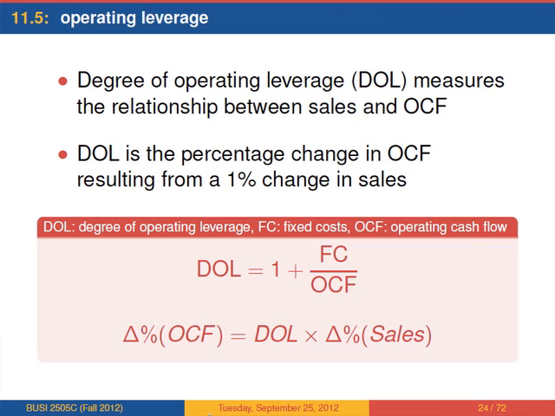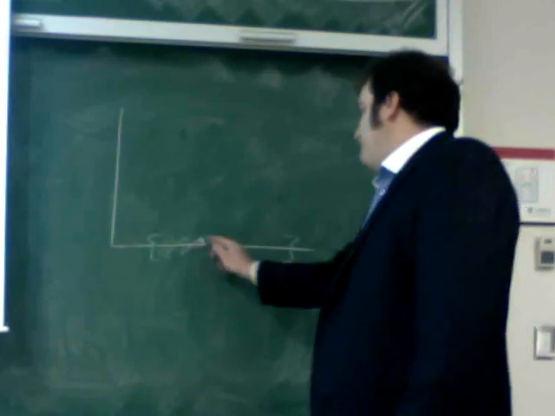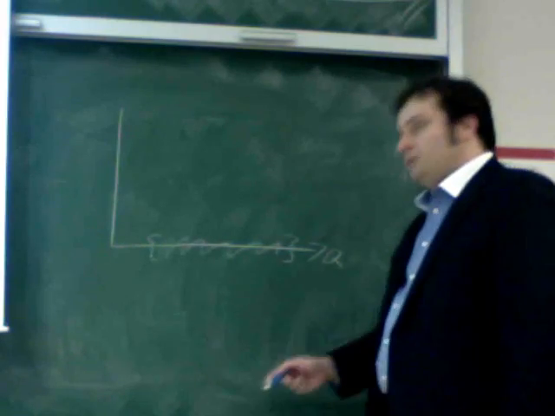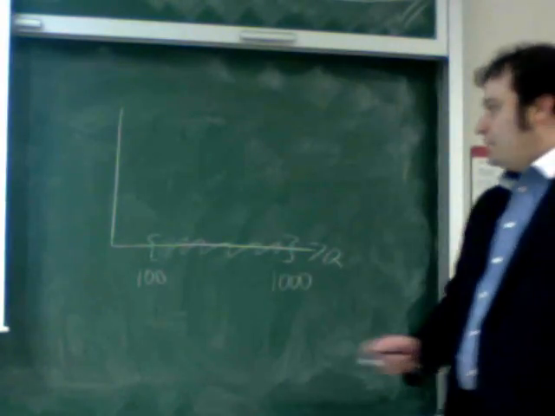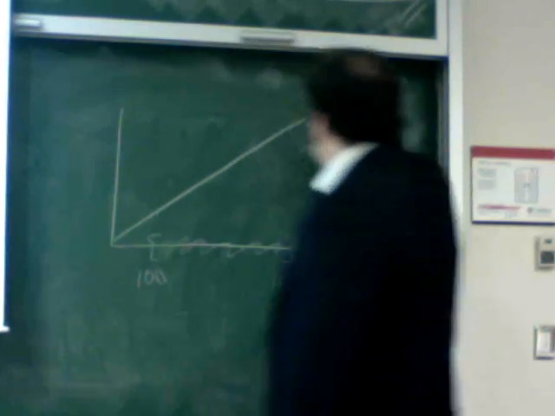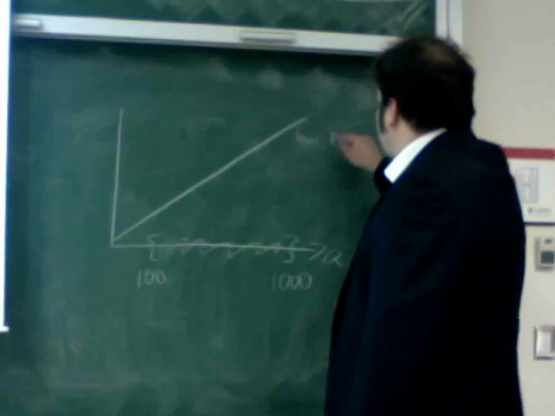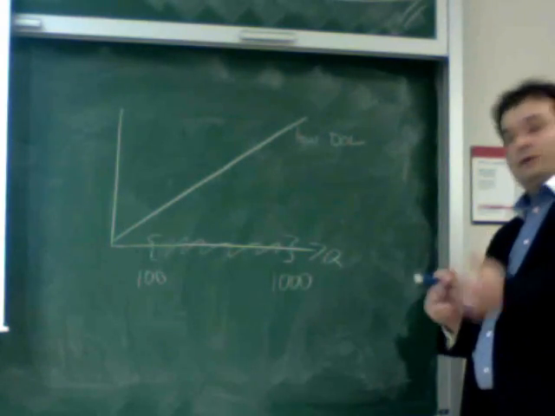Put it this way. My quantity could be, say, 1,000 or it could be 100. This would be a low degree of operating leverage because it relies more on variable cost than fixed cost.